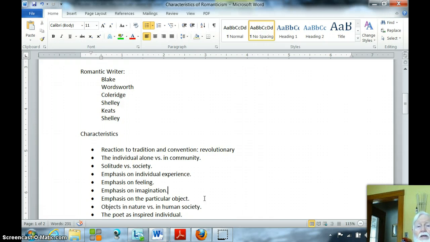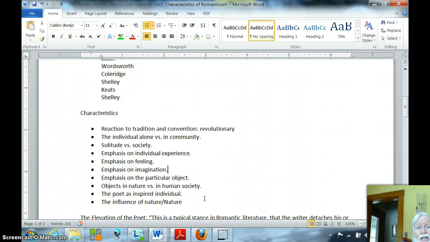For the Romantic writer, literature was less a mirror, a reflection of what we see in reality, than what the mind imagines when it responds to that specific object.